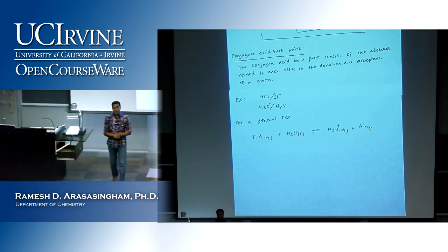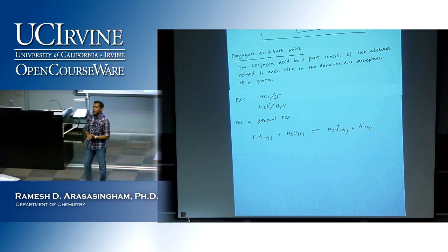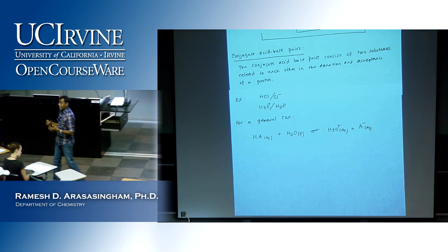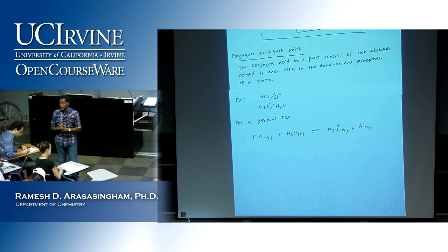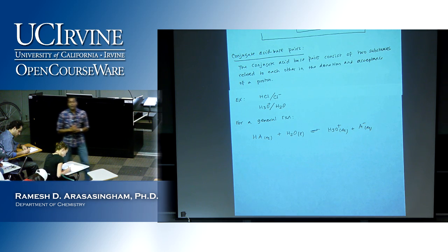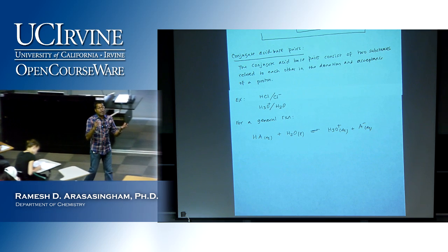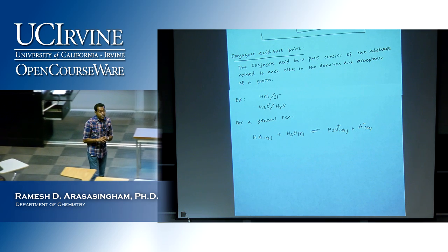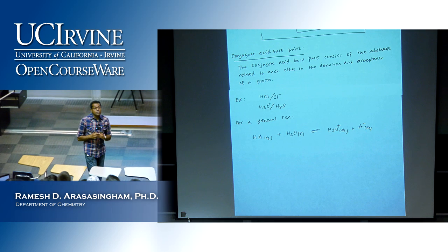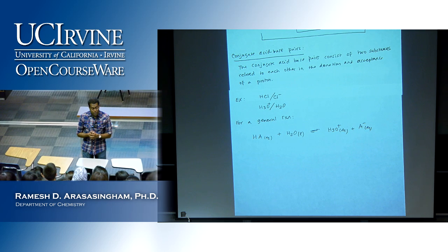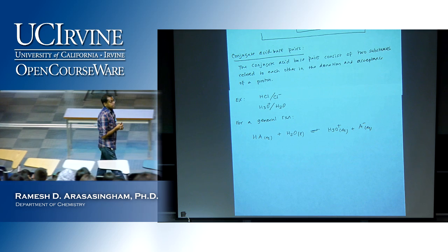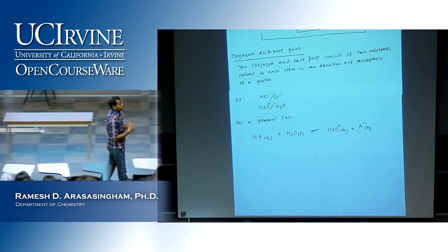All right? So this is the general form of any reaction where an acid is HA. Now keep in mind that not any compound that has a hydrogen will act as an acid. It has to be a class of compounds that are called acids. So it's very, very important that you remember that not every substance that has hydrogen atoms will act as an acid.